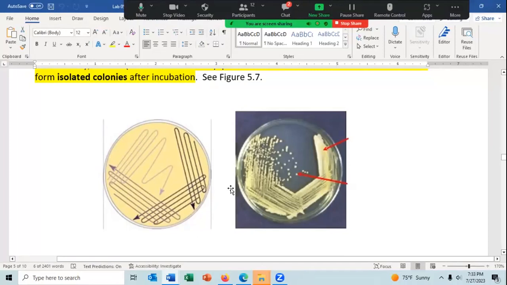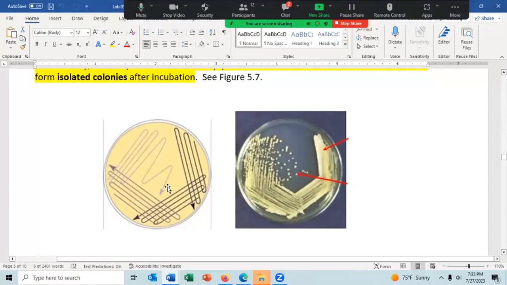You take your loop, then you sterilize it. You put the loop in quadrant 4, and to get your cells, you pick them up by going into quadrant 3, where the cells are more dilute, this region here. You do not pick them up from this region here. And then you streak out for quadrant 4.